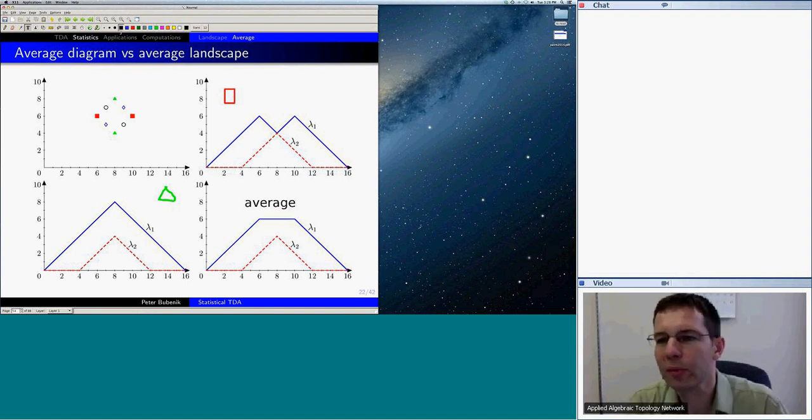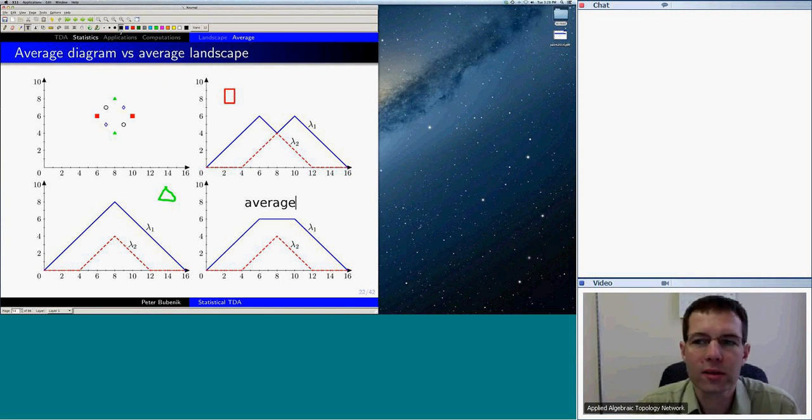Now, one thing that may be a little unsettling at first is that this persistence landscape does not correspond to a persistence diagram. However, this is not something that should be surprising.